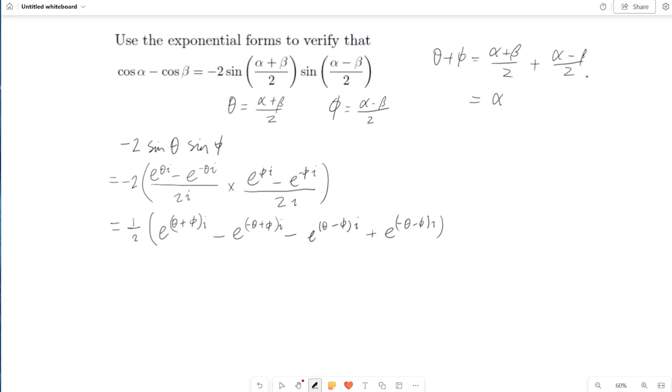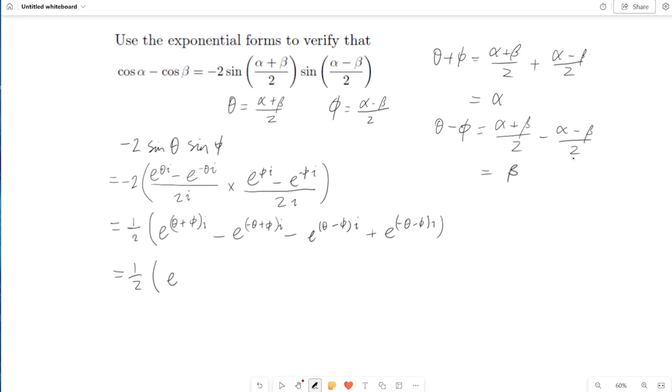And then theta minus phi, well, it's alpha plus beta over 2 minus alpha minus beta over 2. As you can see here, once again, alpha cancels out. Beta minus negative beta, that's 2 beta. 2 beta over 2 gives us beta. So in this part, now we can replace all of them with alphas and betas.